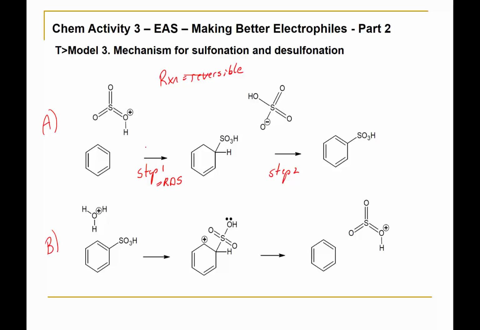Now, of course, the conditions for the forward reaction involve the SO3 and the sulfuric acid. So the first step involves the pi system reacting with our sulfonyl group, thereby attaching the sulfonyl group to the benzene ring. Now, I've written in the hydrogen that's going to be replaced.